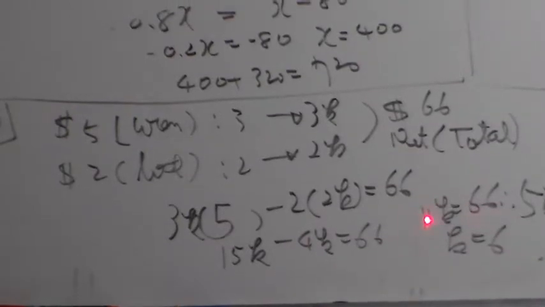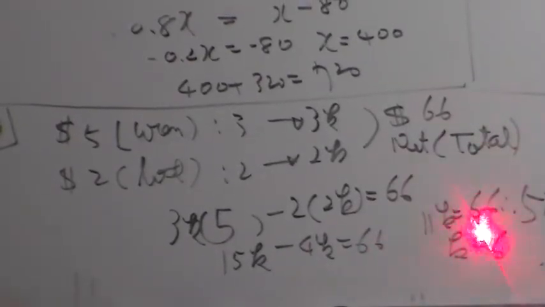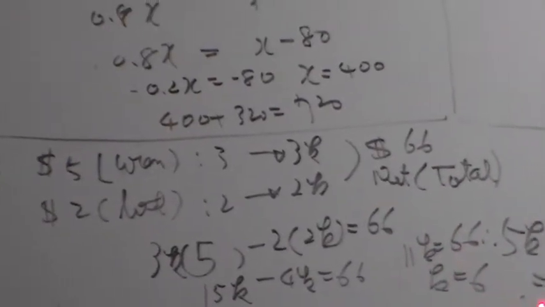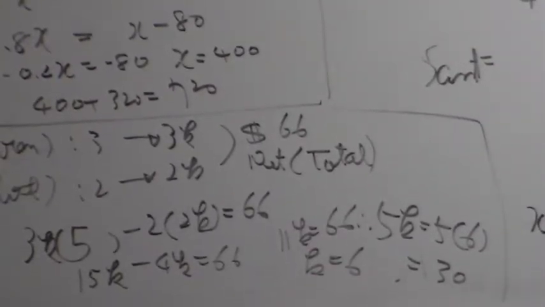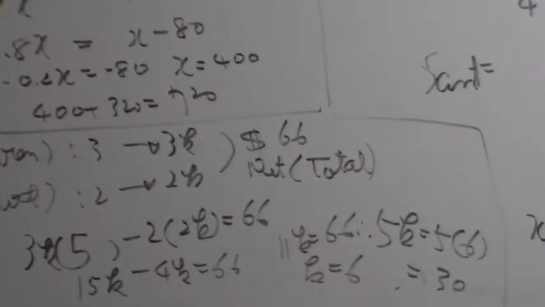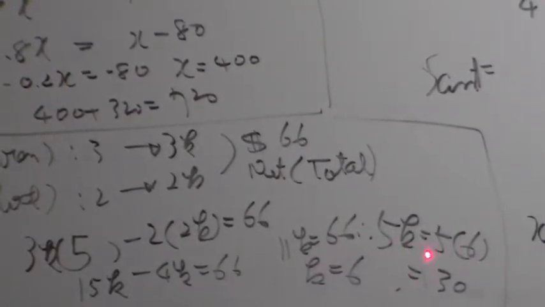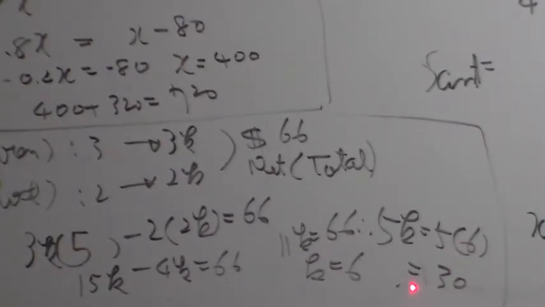So from there, 11K is 66. So K is 6. Then how much she won? How many K's she won is 5K, right? So K is 6. So 5 times 6 is 30. So she won $30 actually.